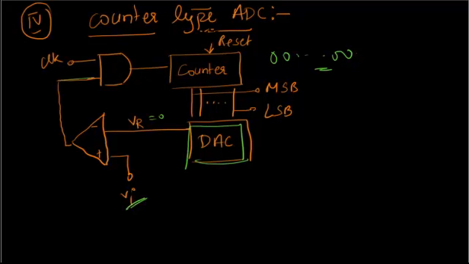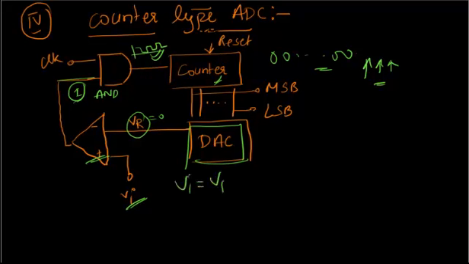So what happens here, this is the AND gate, so when this is at logic 1, because here plus voltage is higher, this will be at logic 1, so this clock will be transmitted like this to the counter. When you get a clock pulse, this counter will start counting, so this value will keep on increasing with each pulse.